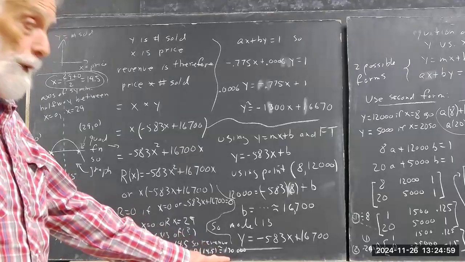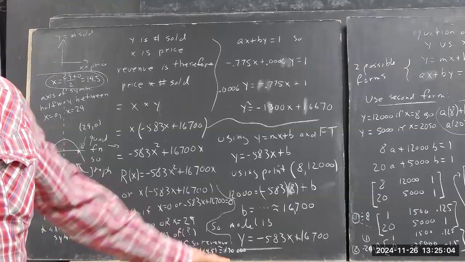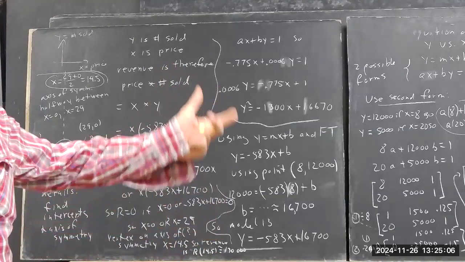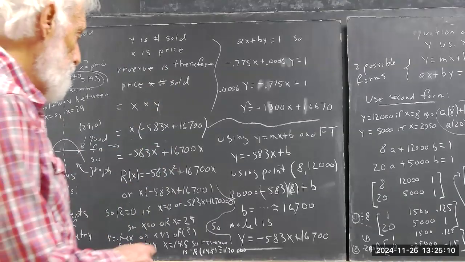So, okay. Now, what you actually get might be 120,000, 125,000, 130,000, somewhere around there, because I had to do some mental approximations.